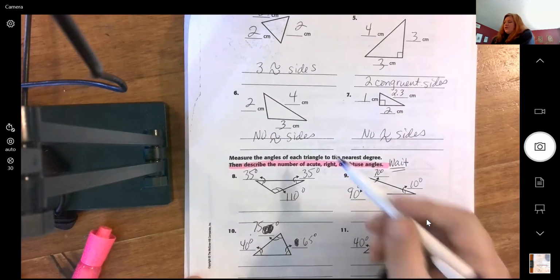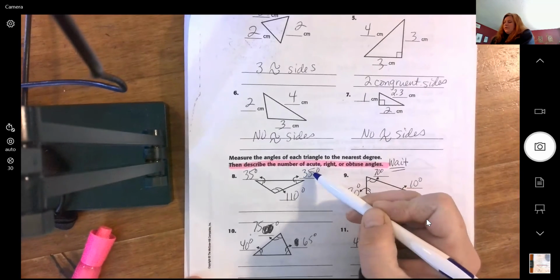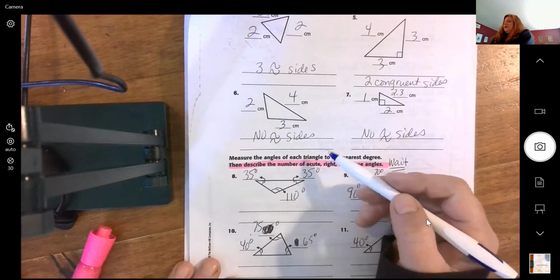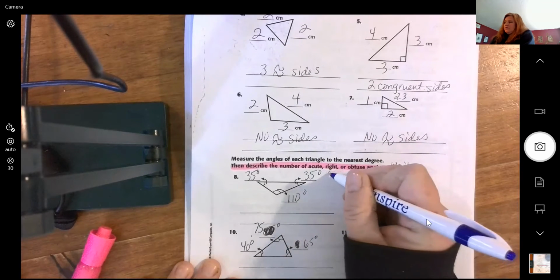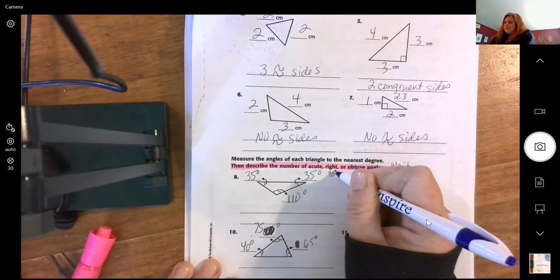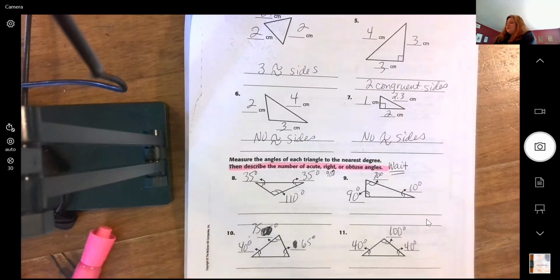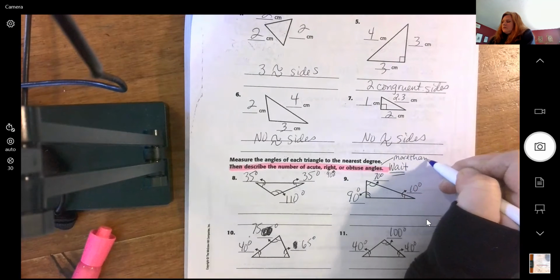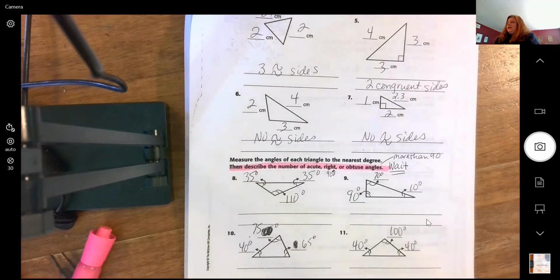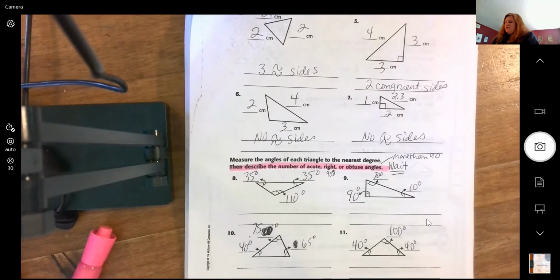So remember, if it's acute, it has all small angles. If it's right, it has at least one right angle, which is 90 degrees. And if it's obtuse, it has one big angle more than 90 degrees. So we're going to go ahead and label our triangles.